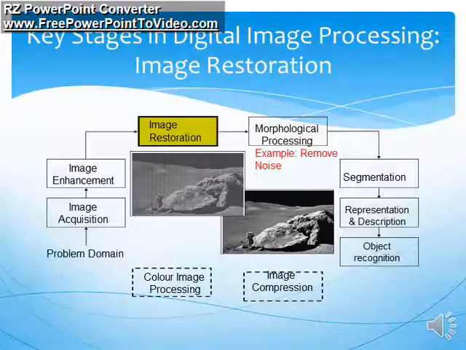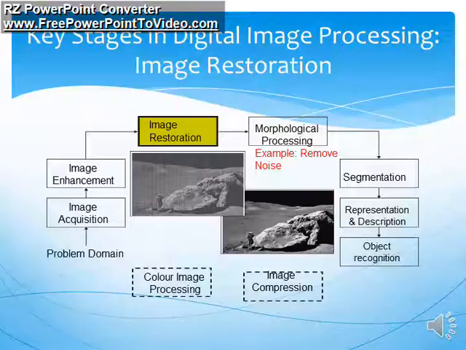Here one example has been given where we can see noise has been removed. The input image has much more noise, whereas after this noise removal technique, we can have the output image which is much clearer compared to the input image. So this is one type of image restoration technique.